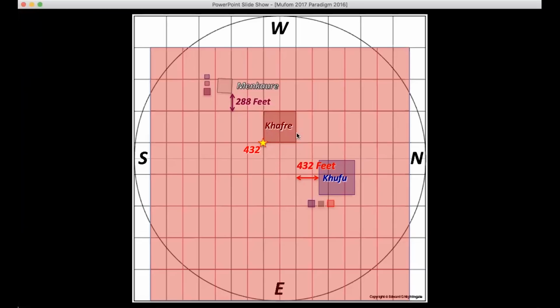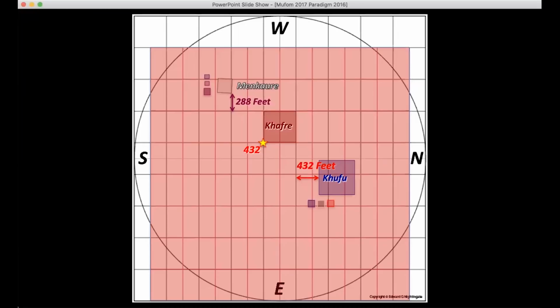And which is significant, the coordinate on it, the southeastern corner or bottom left corner of the center pyramid as you're looking at it, that coordinate number is also 432 on a coordinate system. So that's how we're going to place that pyramid of Khafra.